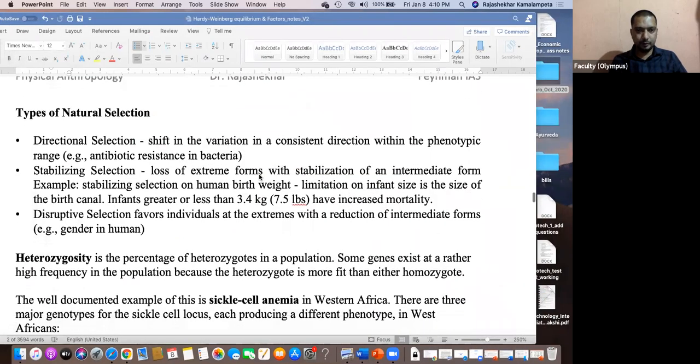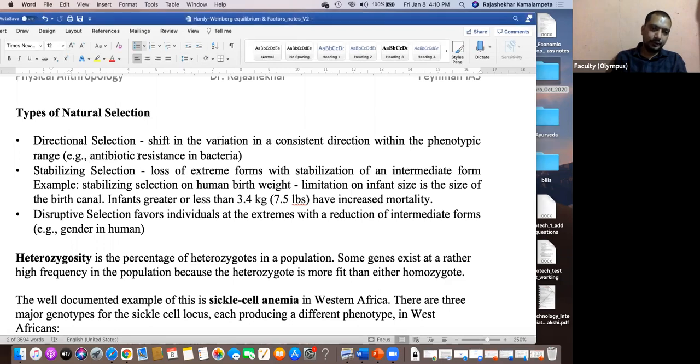Yeah. So look at these examples. Directional selection: a shift in the variation in a consistent direction within a phenotypic range, going in one direction, preferring one of them. For example, HIV resistance in humans.